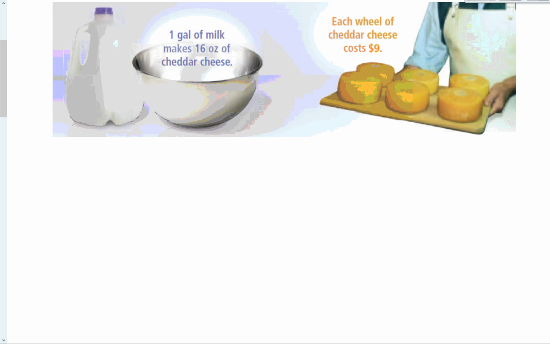So if I want to make, we'll call it a wheel of cheese, right? If I want to make the cheese, I would take 16 times 1 gallon times the number of gallons of milk. Okay.